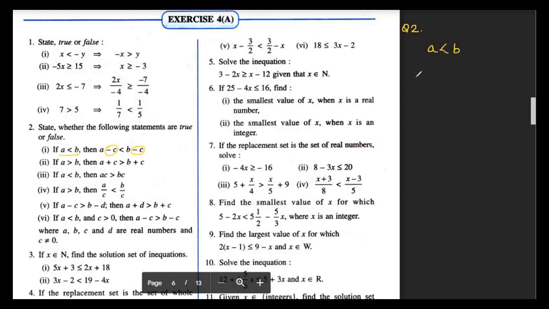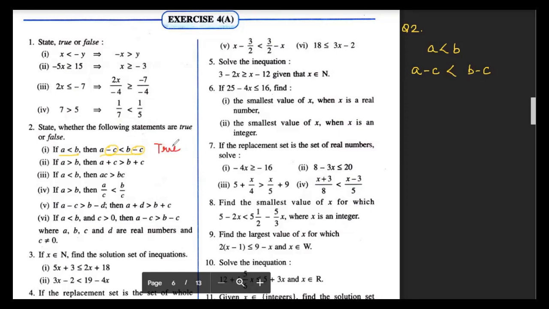So subtracting and adding does not change the reversibility sign. I have always told you that only on multiplying or dividing with a negative number changes the sign of inequality. So here, if I subtract A with C and even B with C, no change happens to the inequality sign. It still remains less than.